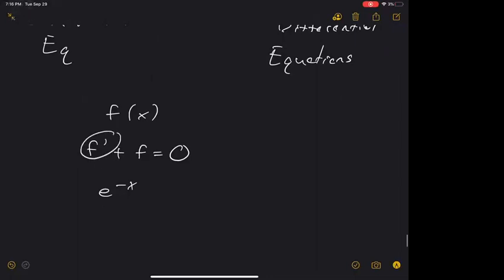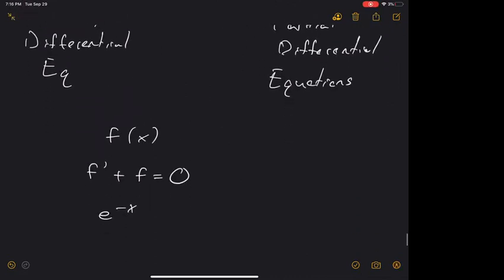So differential equations, what does the name mean? It means we have equations that involve derivatives of an unknown function. When we're talking about ordinary differential equations, it's our familiar idea of derivatives of a single variable function. Now that we've defined partial derivatives, we can talk about partial differential equations. It's the same concept.